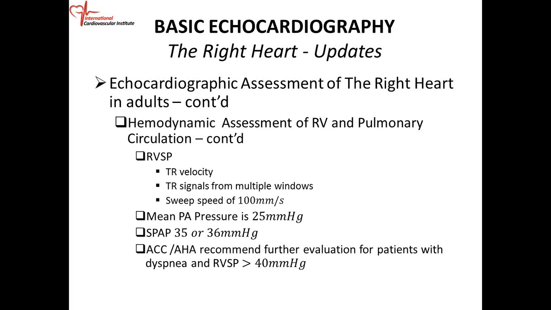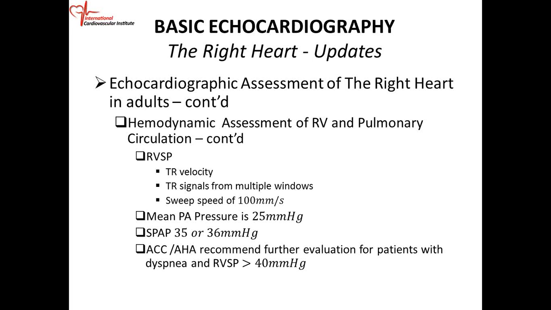So you want to get your theta as close to 0 as possible. And you use your sweep speed of 100 millimeters per second, so you want to broaden it out to decrease your errors. And the normal mean PA pressure is 25 millimeters or less.